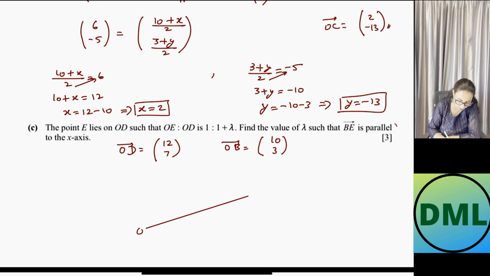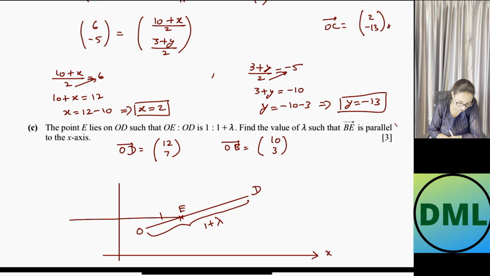If this is your O and this is your point D, the point E is somewhere here. E lies on OD such that OE is the one part, OD, this complete part, is 1 plus lambda. I need to find the value of lambda such that BE is parallel to the x-axis. This is my x-axis. Point B is somewhere on this side, so that BE is parallel to the x-axis.